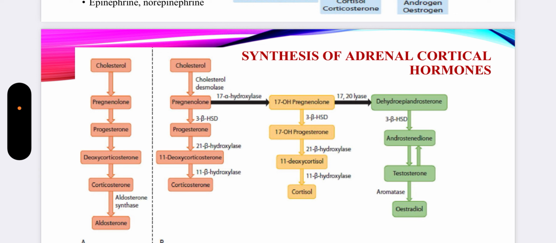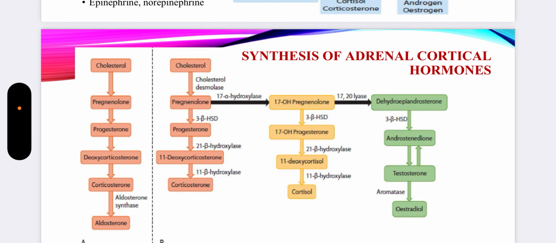The enzymes are the same as in the synthesis of corticosterone. 3-beta hydroxysteroid dehydrogenase forms 17-hydroxyprogesterone. 21-beta hydroxylase converts this to 11-deoxycortisol, which is acted upon by 11-beta hydroxylase, and ultimately there is formation of our main glucocorticoid, that is cortisol. So the yellow series of reactions vertically and the orange series show the synthesis of glucocorticoid.